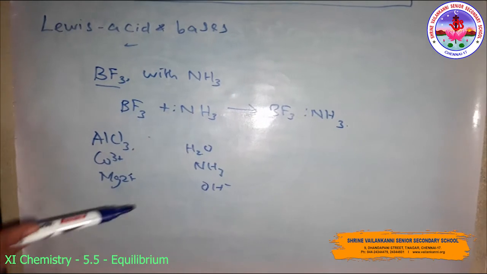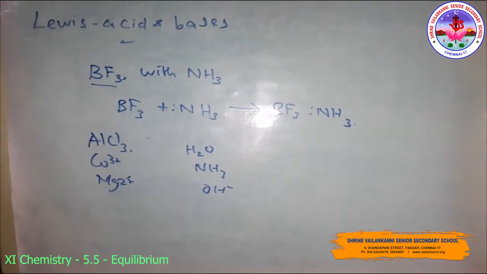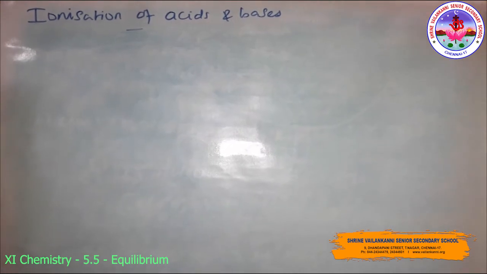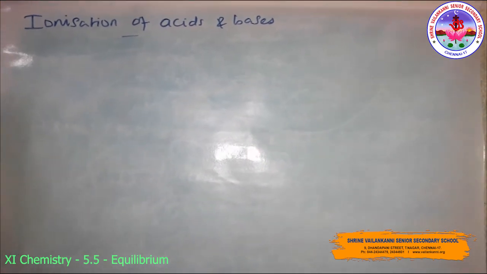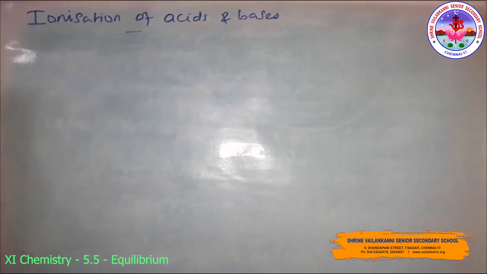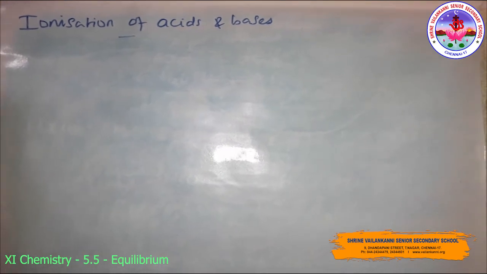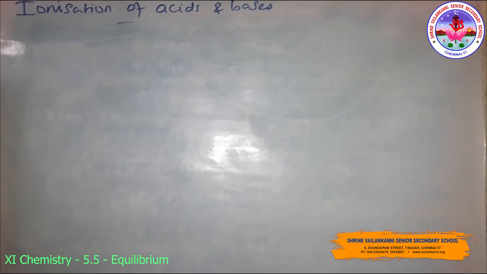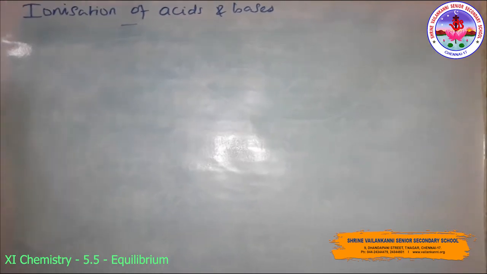Next is the ionization of acids and bases. Ionization of acids and bases, like the Arrhenius concepts of acids and bases, becomes useful, as most ionizations in chemical and biological systems occur in aqueous medium.